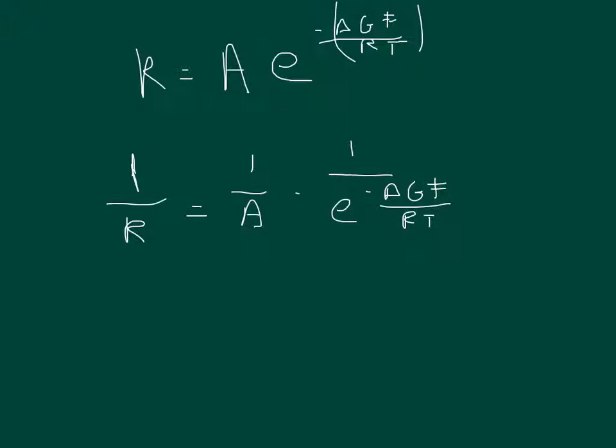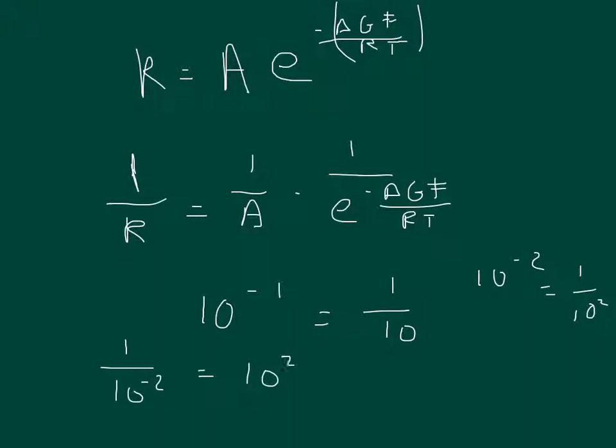If I had 10 to the negative 1, that's equal to 1 over 10. If I have 10 to the negative 2, that's equal to 1 over 10 squared. And inversely, if I had 1 over 10 to the negative 2, that would be equal to 10 squared.